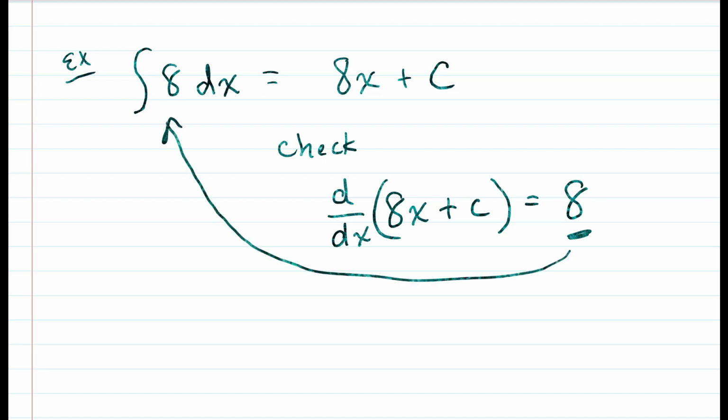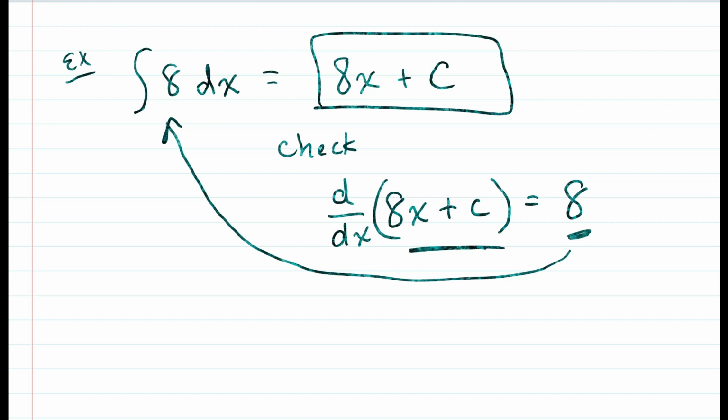So now we know that this is correct, 8x plus c. All right, so the main thing is to remember that when finding the integral, you're looking for the antiderivative, which would be the value that when you take the derivative of it, it will give you the original function in your question.